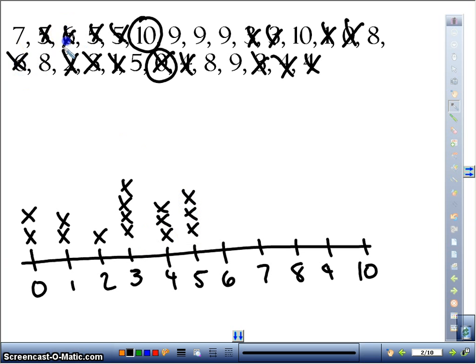6s, I've got 1, 2, just 2 of them. Oh, looks like I missed a 5 right there. 4 5s. I've got 1 7. I've got 3 8s. 4 9s.